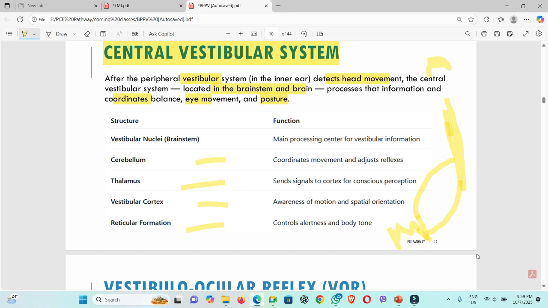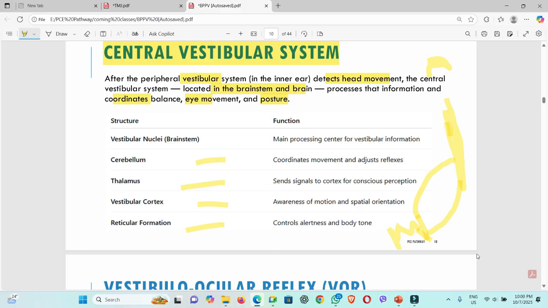When the endolymph hits those hair cells and the excitation happens, the eighth cranial nerve will carry the signal directly to the brain. It doesn't need to go through the spinal cord. That is for the vestibulo-ocular reflex.